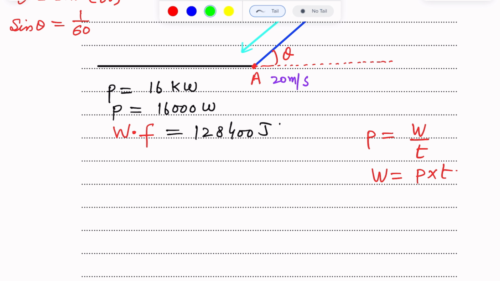This is the work done by the driving force. We are representing it by WD, the work done by driving force, and WF, the work against friction.